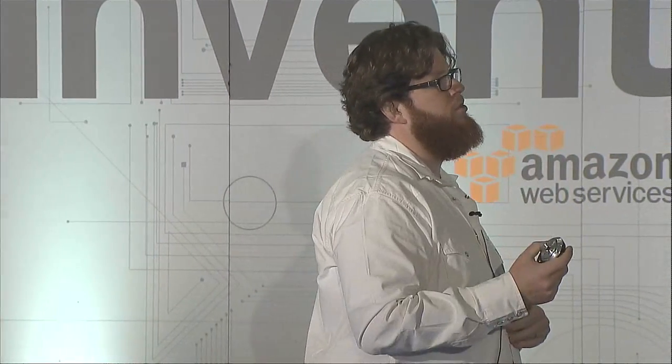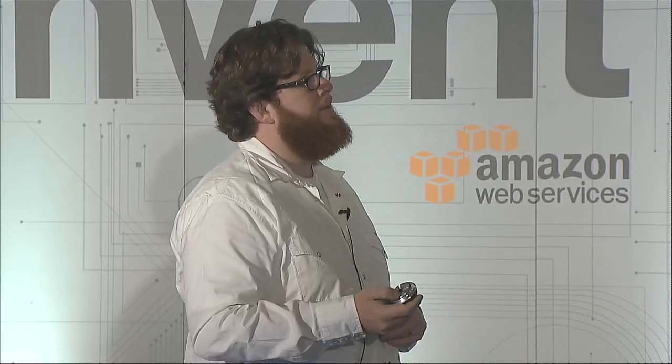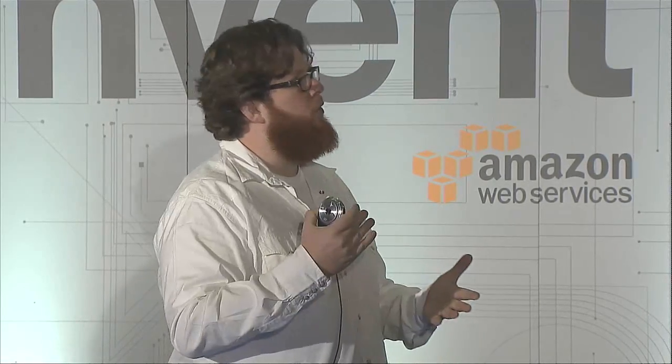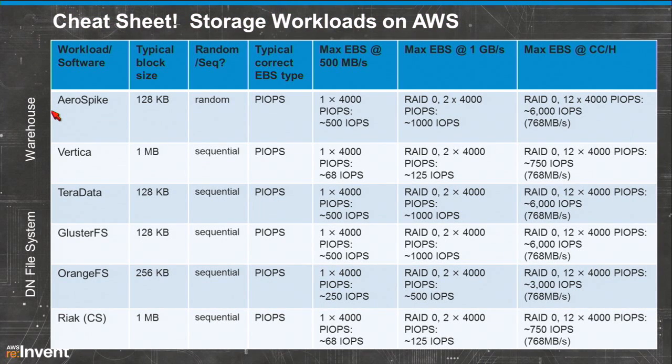But generally, these are good starting points. Also the same for data warehouses and distributed network file systems. So file systems with typically much larger block sizes, you'll be seeing smaller numbers of provisioned IOPS in order to get to the same throughput totals.